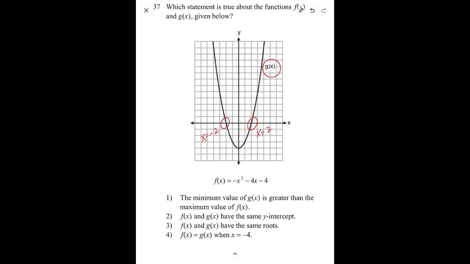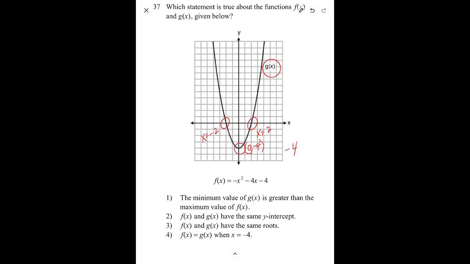So those are the zeros. Down here, this is the minimum. This is also the y-intercept. So if we go down 1, 2, 3, 4, the coordinates for this are 0 and -4. So the minimum is a -4. The y-intercept is 0 and -4.